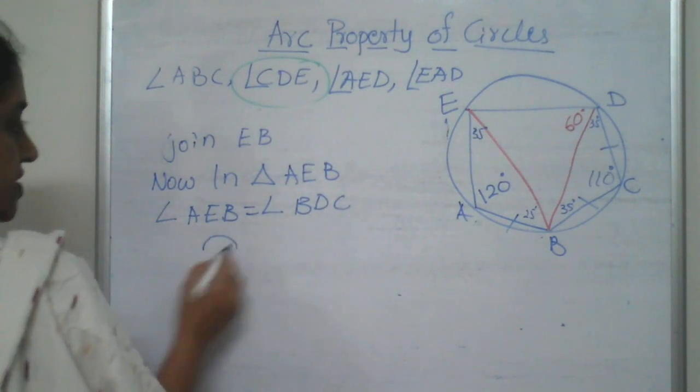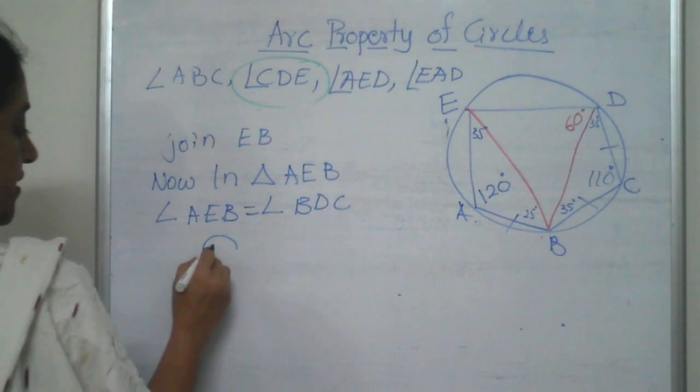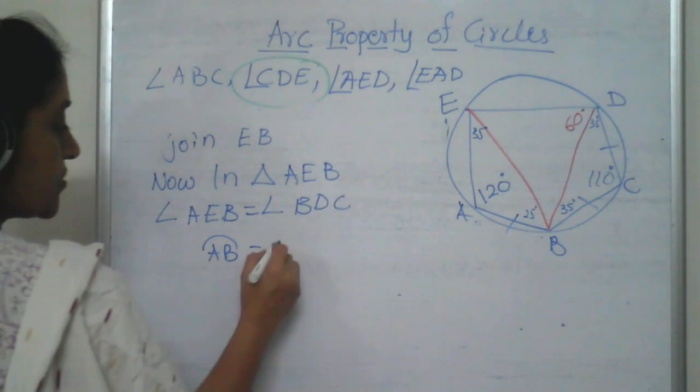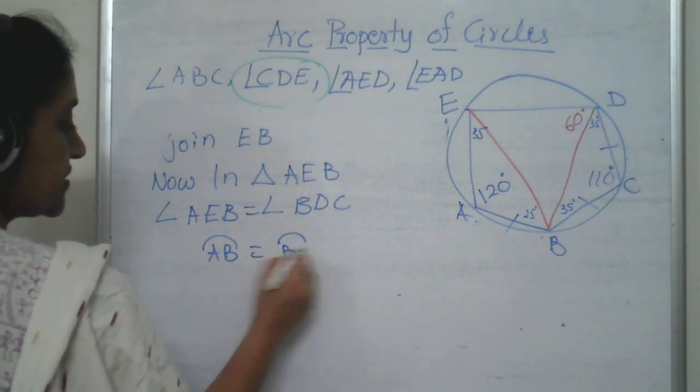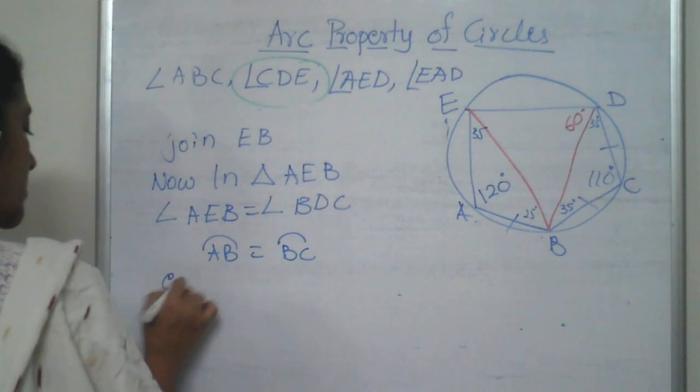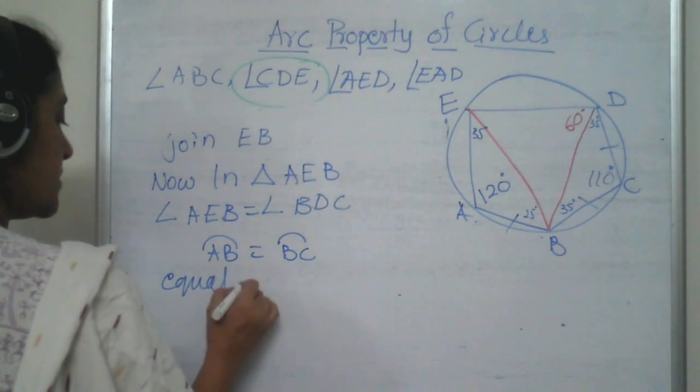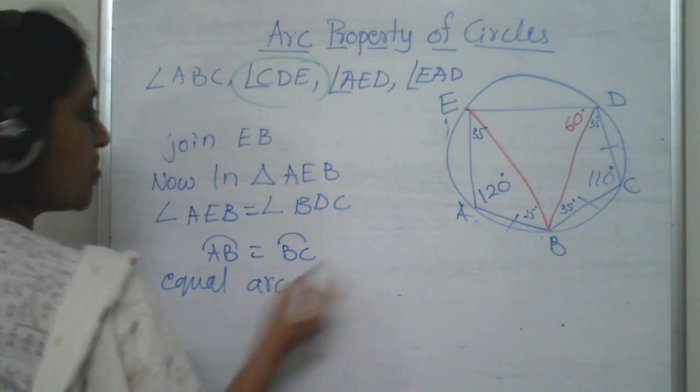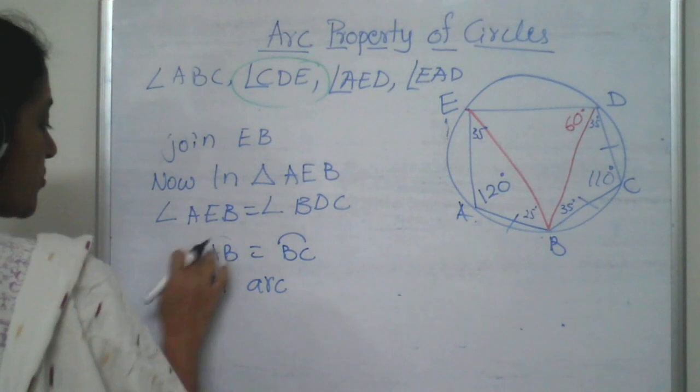Now arc is this sign also, arc AB is equal to arc BC, equal arcs, or chords also, it can be written as chord also.